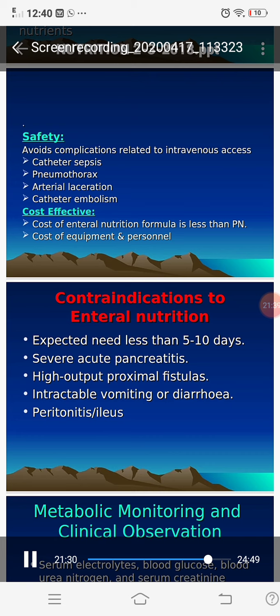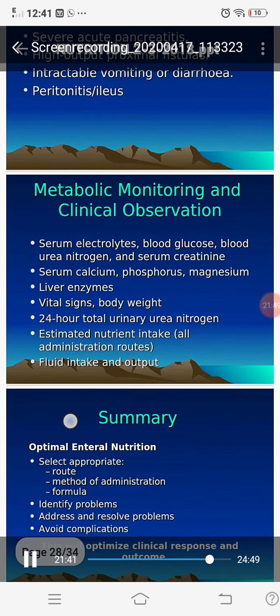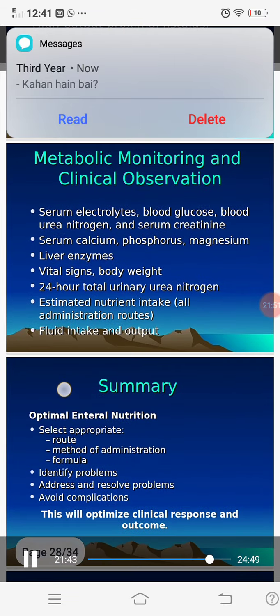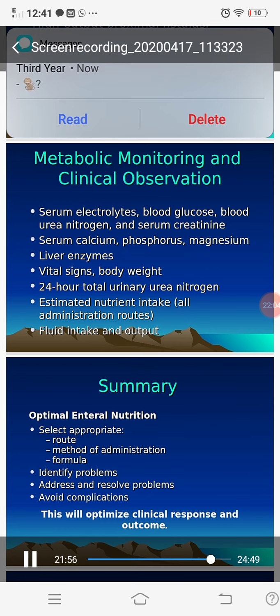After giving this nutrition, it is always necessary to monitor all the scenario. For monitoring, you have to do the serum electrolytes, blood glucose, blood urea nitrogen, serum creatinine, serum calcium, serum phosphorus, magnesium. Electrolytes and blood glucose level should be done on routine basis, on daily basis.